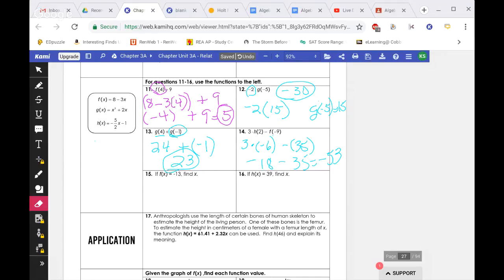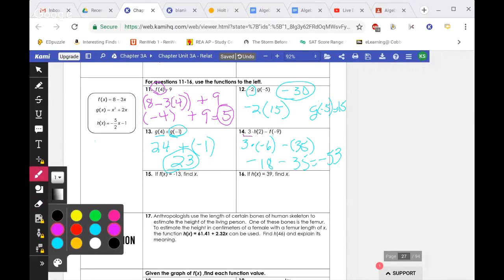Okay. So let's look at the equation first at number 14. And I'm going to write kind of in different colors for each section, and maybe that will help. So the original equation is 3 times whatever the value of h of 2 is.